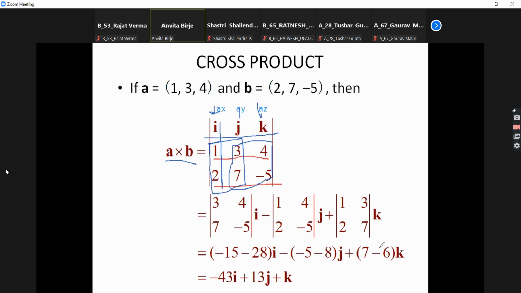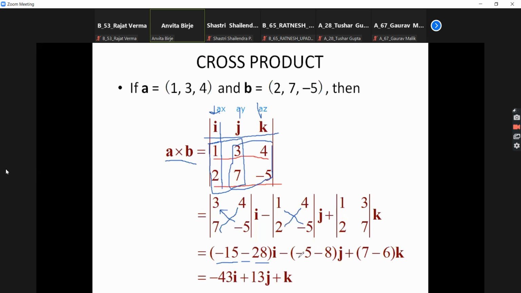Okay, 3 multiplied by -5, that is -15, minus 7 into -4, that is 28. Similarly, here the sign is always minus. This all of you know, but still I am repeating. -5 into 1, -4 into 2.